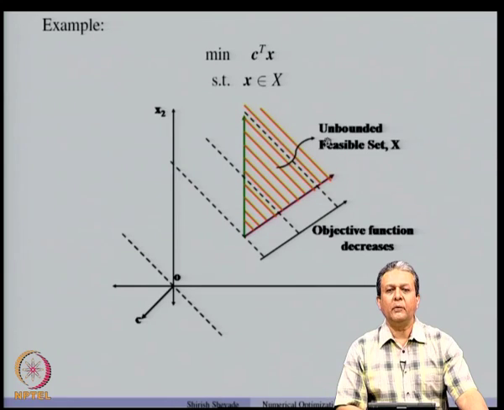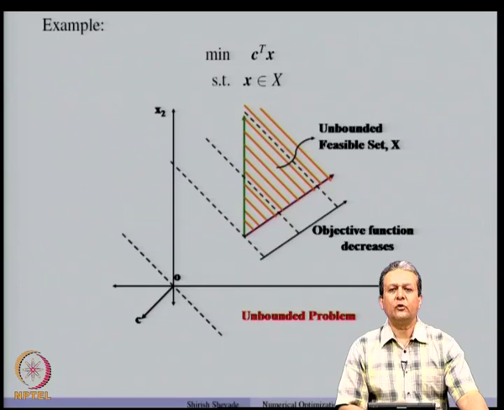So, the minimum will not exist. So, such a problem is called an unbounded problem. So, I repeat that whenever we say that the optimal solution exists for a linear program, we mean that the optimal solution or optimal objective function value is finite.